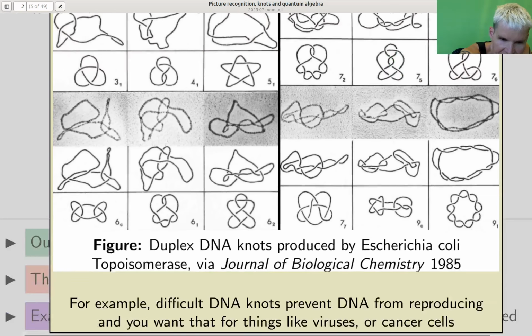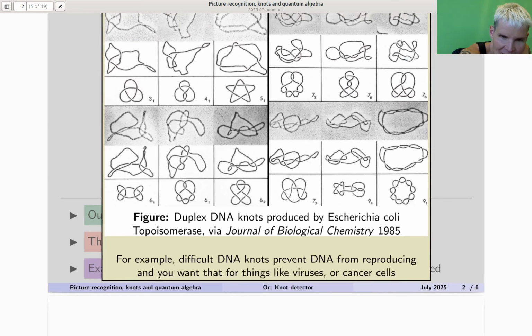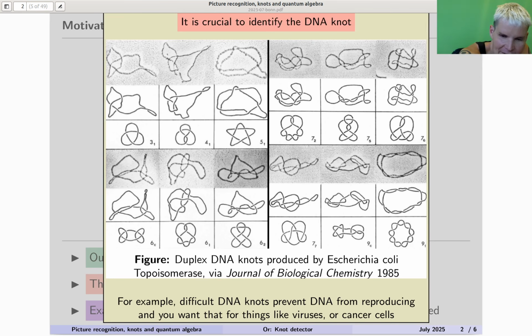When I learned that, it was 2025. How on earth is it possible that this is not automated? How on earth is it possible that someone sits there, draws out the knot, and then looks it up in a book and tries to recognize the knot? There should be an automated way of doing that, right?